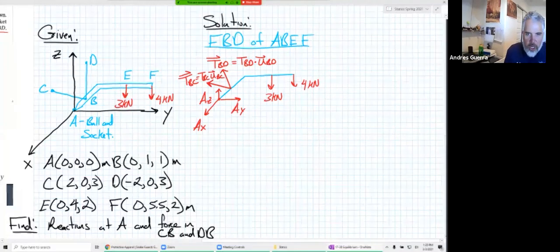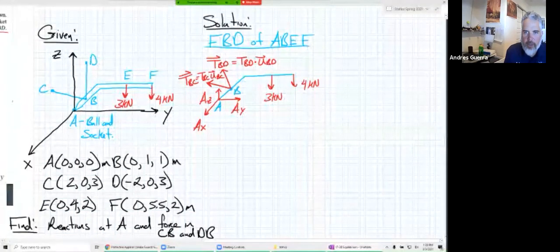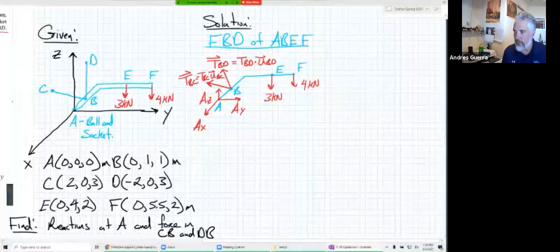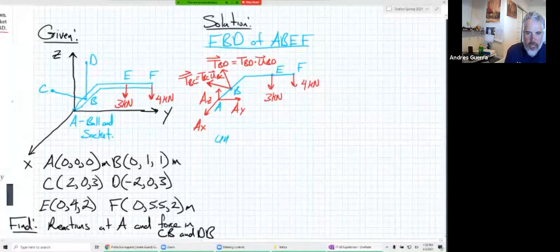And of course we have all of our points here. This is point A, this is point B, this is point E, and this is point F out here. And we've described the location of all those with our coordinates that we listed under the given information. So, how many unknowns do we have at this point?